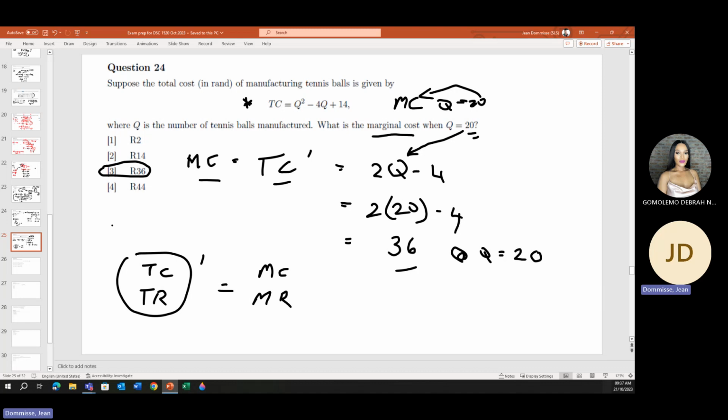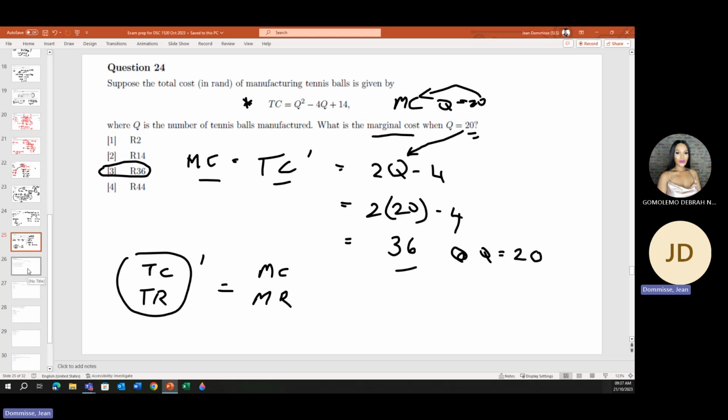That is the important thing in a lot of these questions: remember to differentiate your total cost or your total revenue to get to the marginal functions.